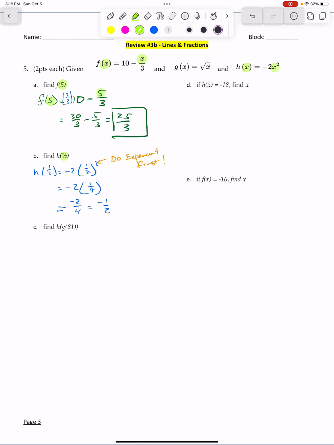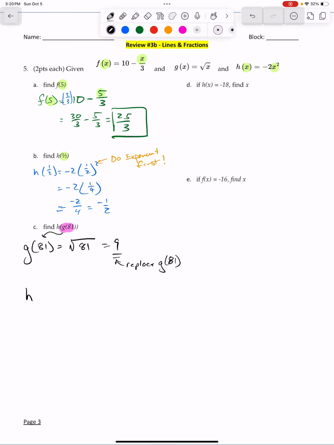Now here, I need to do g of 81 first and figure out what that is. So g of 81 equals, g is square root of x, so square root of 81, which is 9. Now I can take that and replace g of 81 with this number.